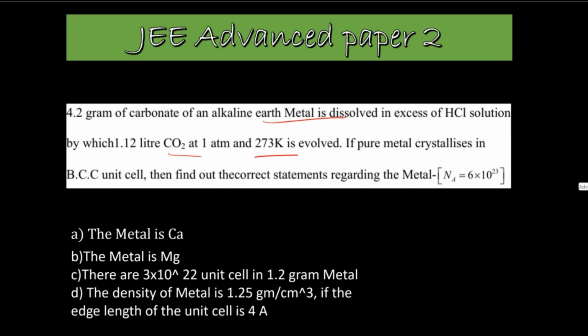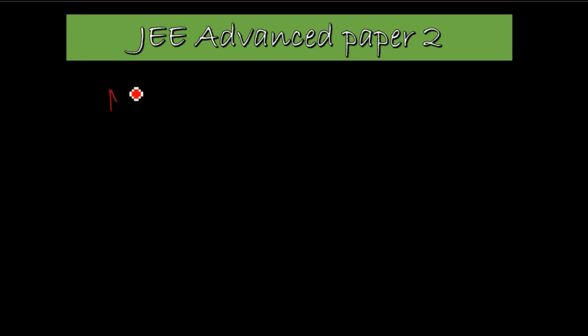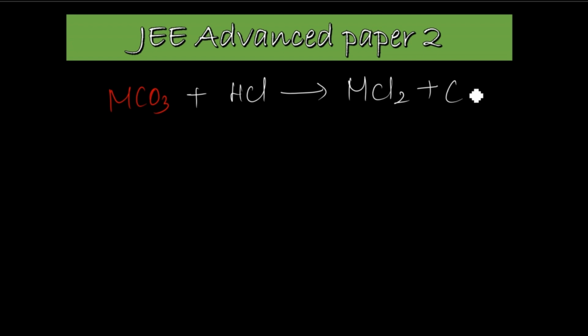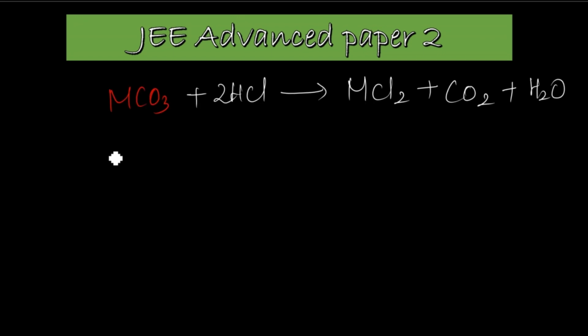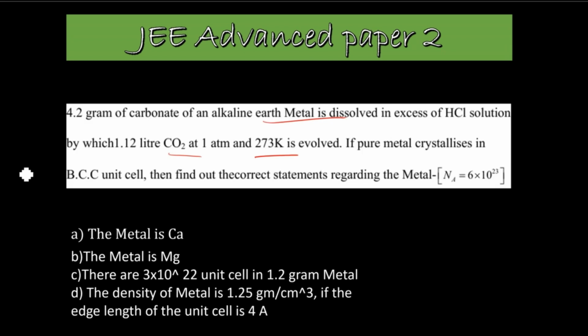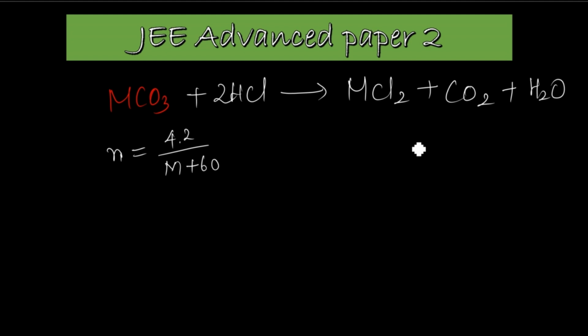Let's see what is the reaction happening over there. So I'm taking the metal carbonate with HCl. That is giving us MCl2, CO2 plus H2O. So that is our reaction. We'll balance it with 2 HCl. Okay. So what is the mass? 4.2 grams. So the mole, which will be 4.2 by metal plus for carbonate I am adding 60. Then what does the information given tell? 1.12 liters of carbon dioxide.